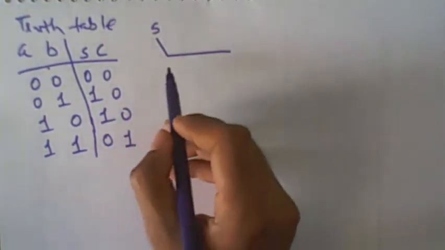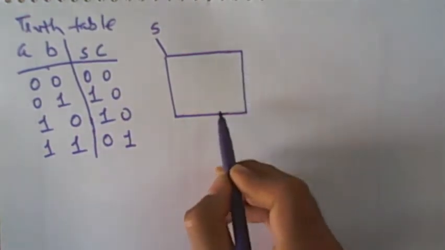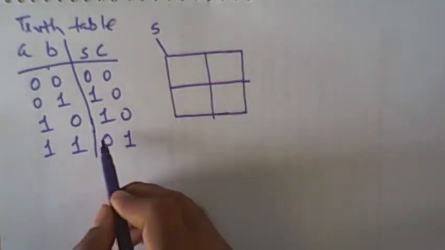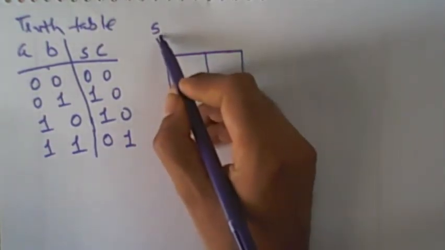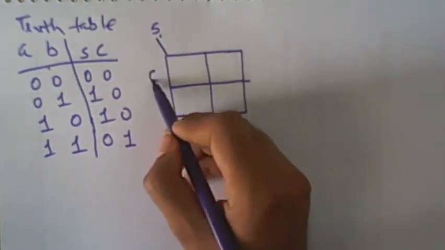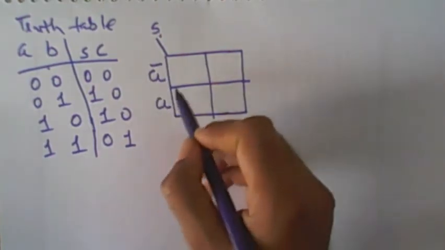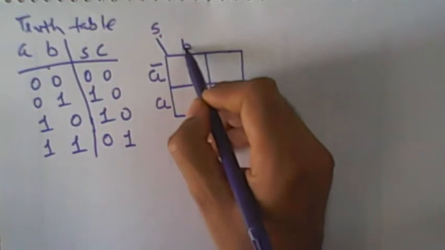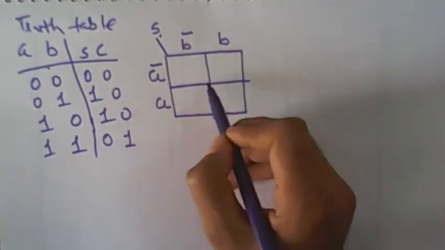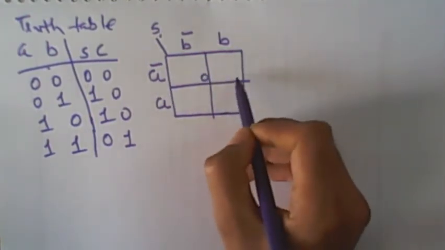Here the input variables are two, so it is a two variable Karnaugh map, and it is a function of S. Let me take as rows the MSB variable A: A bar and A. For the columns, let me use the variable B: B bar and B. This box is minterm 0 because A bar B bar, and this is A bar B, so minterm 1.